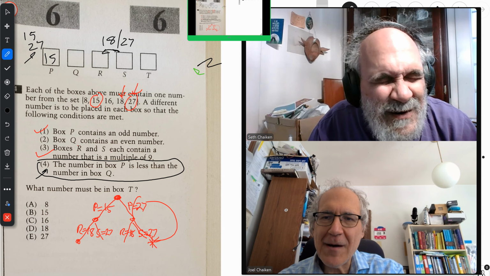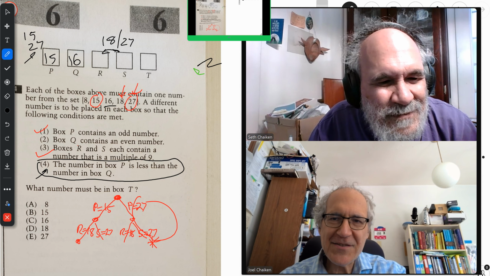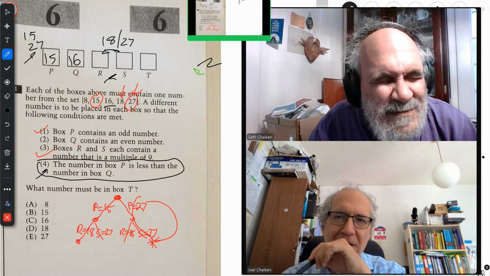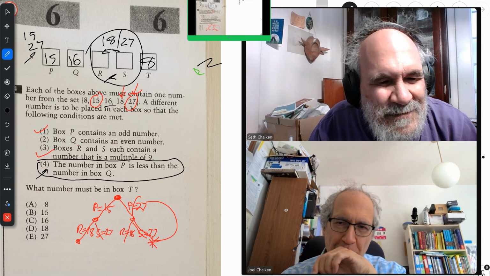But there's only one number greater than 15 that qualifies, 16, because it can't be 18 or 27, since 18 and 27 are stuck in R and S. So it doesn't matter whether it's 18 or 27, which makes it safe.